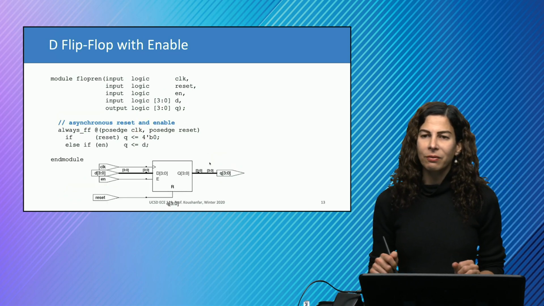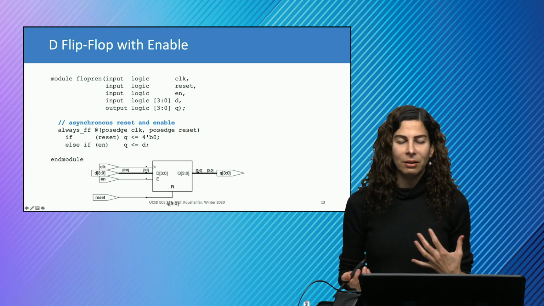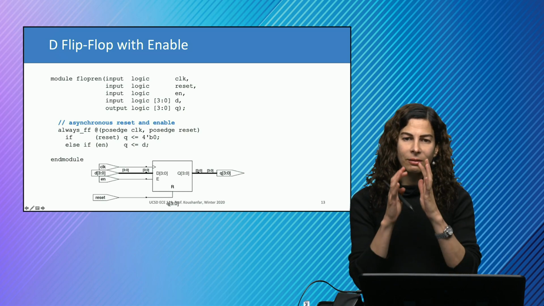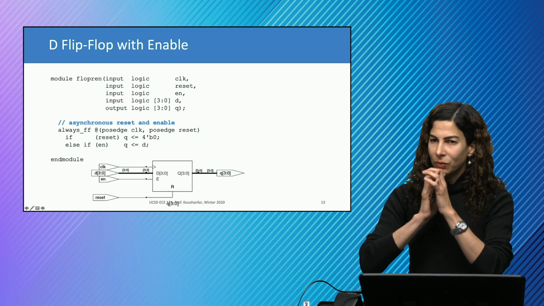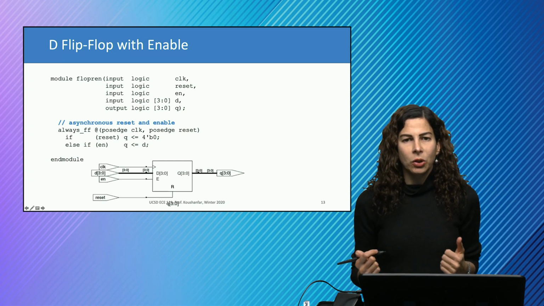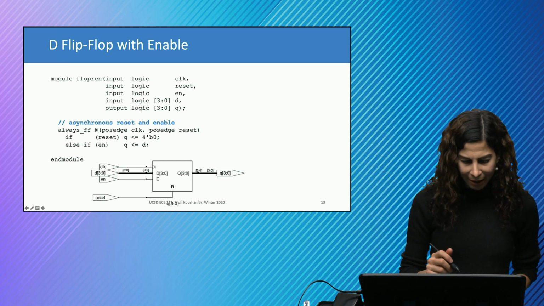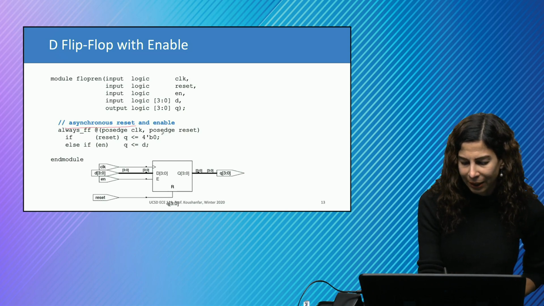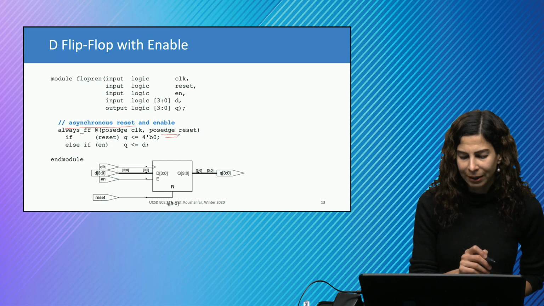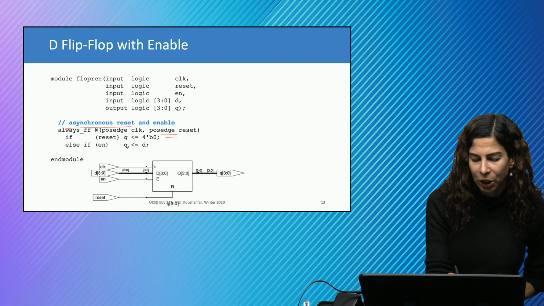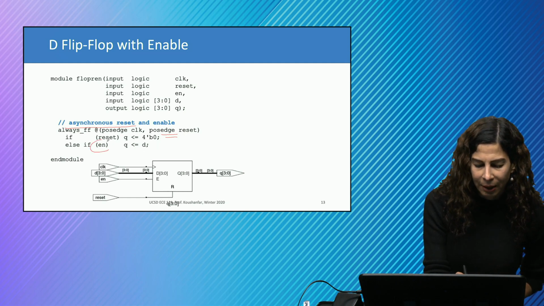Now, we can have a synchronous reset. We could also have an enable. An enable signal means that this flip-flop is working if it's enabled. If it's not enabled, it's not working. In this particular case, we have a flip-flop with asynchronous reset, which means that again we have the positive edge of reset like we had last time, but also Q gets D if this is enabled.